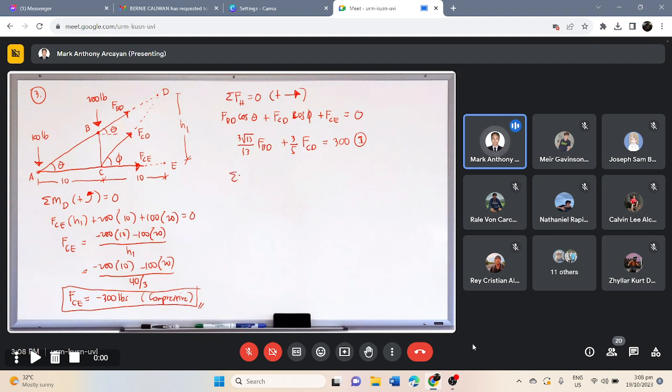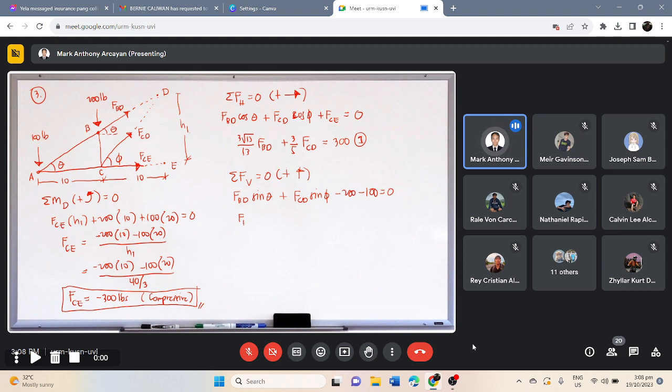Now, we need one more equation to solve for FBD and FCD. So we perform summation of forces vertical. Positive going upward. So here we have FBD sin theta, then plus FCD sin phi, then minus 200 and minus 100 equals 0.